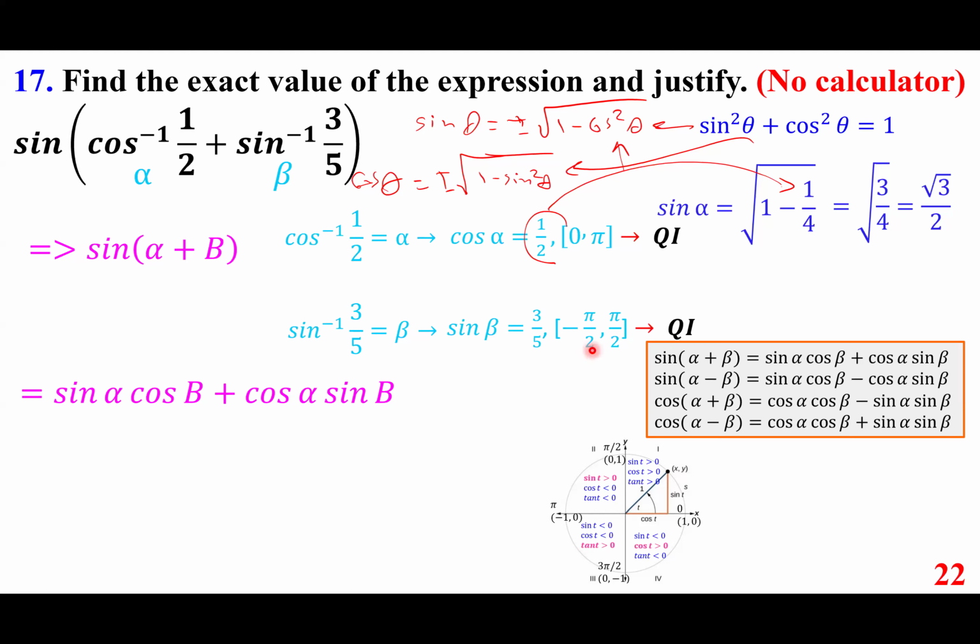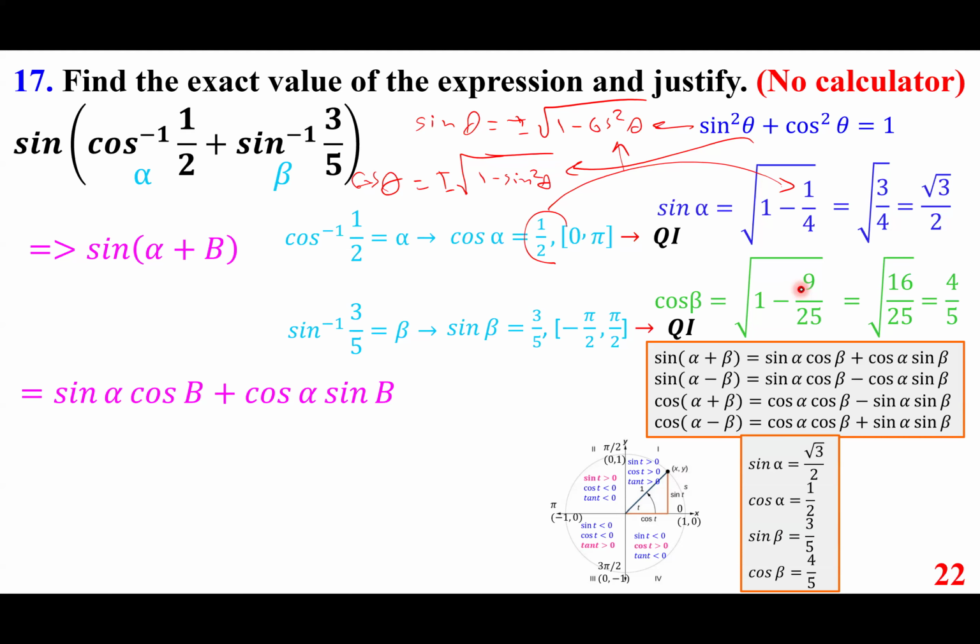So 1 minus 3/5 squared, which is 9/25, gives 16/25, and that comes out as 4/5. It's pretty straightforward. That means we are going to write all those four values.